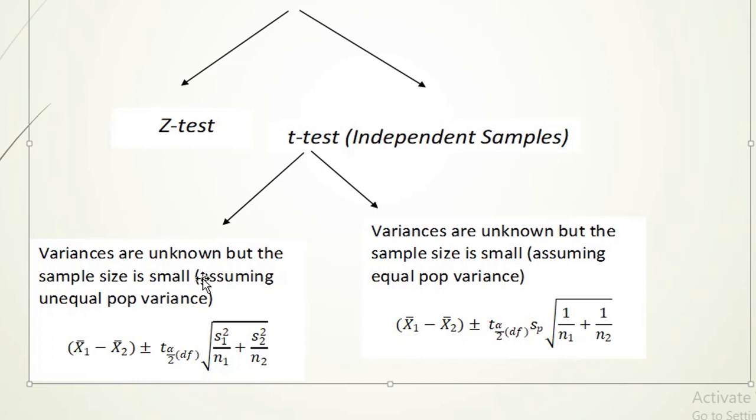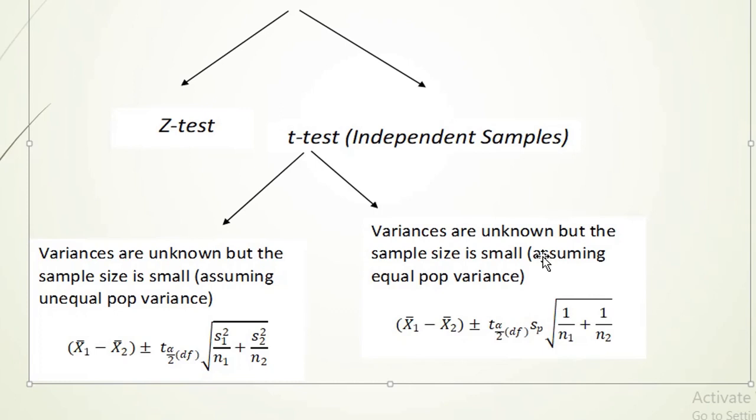The population variances are not equal; we are not assuming both groups have the same variance. Same variances means same dispersion, but the dispersion in one group is not equal to the dispersion in the second group. The second is variances unknown, but sample size large, assuming equal population variances.